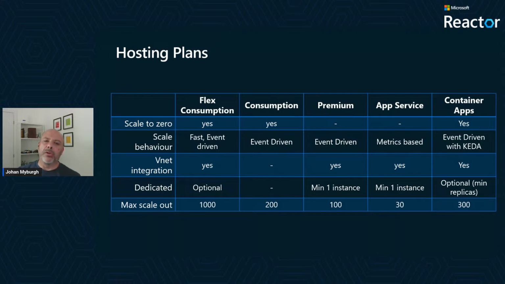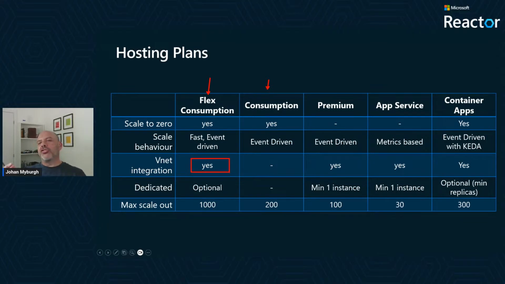This is a list of all the hosting options and plans we've got. The relatively new one here is the Flex Consumption Plan. This is similar to our normal consumption plan, but you will see some additional enterprise capabilities. For example, VNet integration.